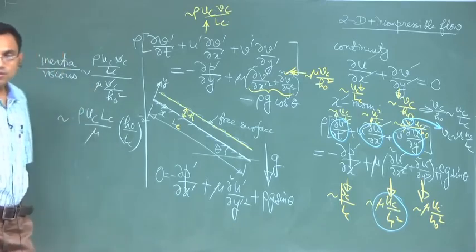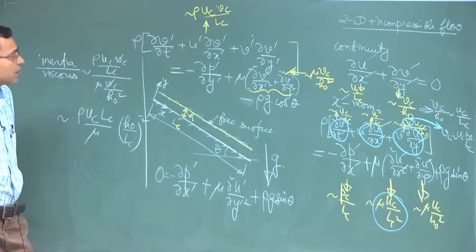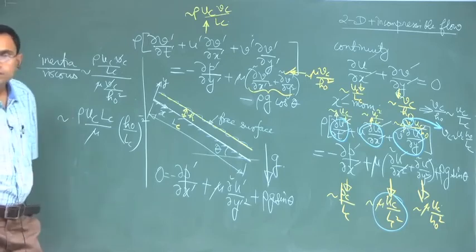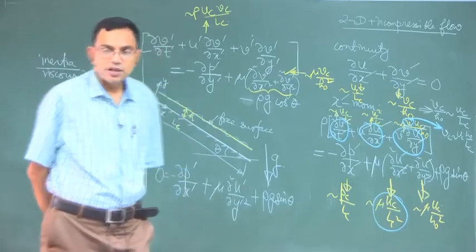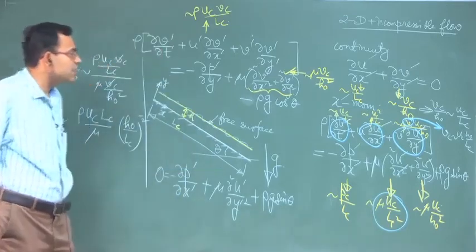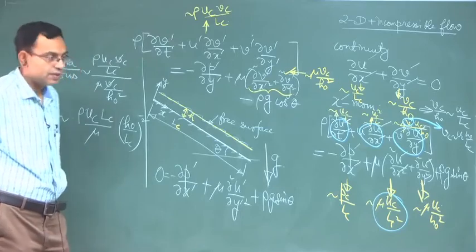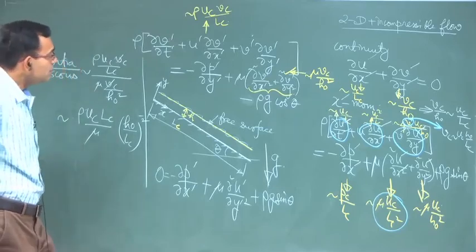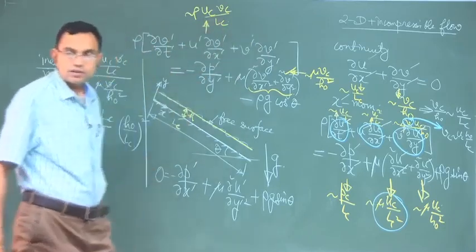So, in this case also you can clearly see that the relative inertial and viscous effects are such that inertial effects are much negligible as compared to viscous effect. Now, we can leave the inertial effect apart.